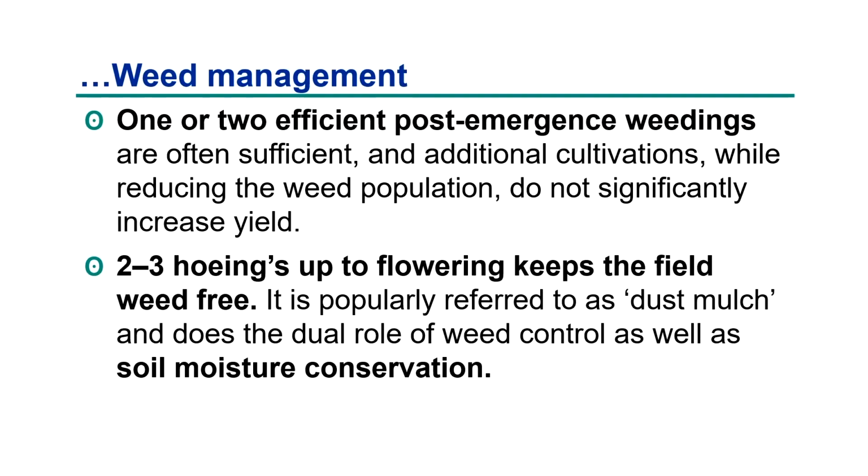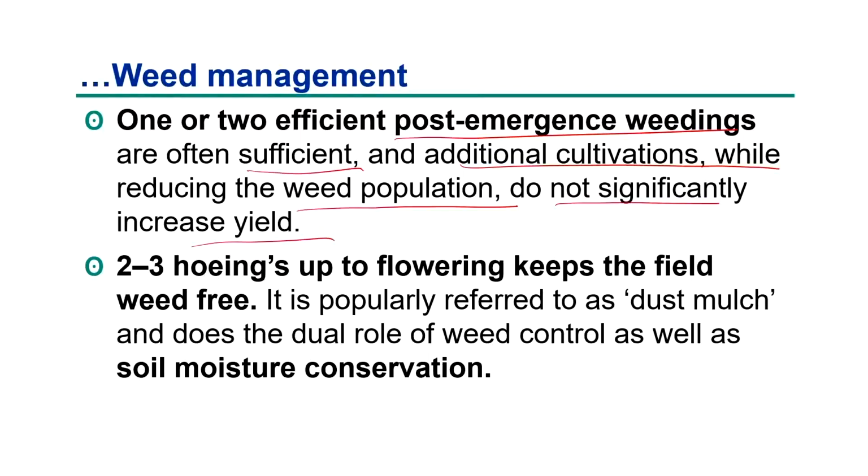One can be done at 25 to 30 days after sowing and the other can be done at 45 to 50 days after sowing. So 1 or 2 efficient post-emergence weedings are often sufficient, and additional cultivations while reducing the weed population do not significantly increase yield. So after that critical period, you need not go for any operations.